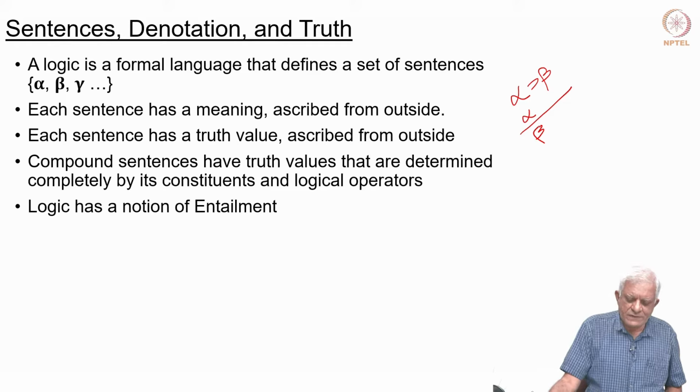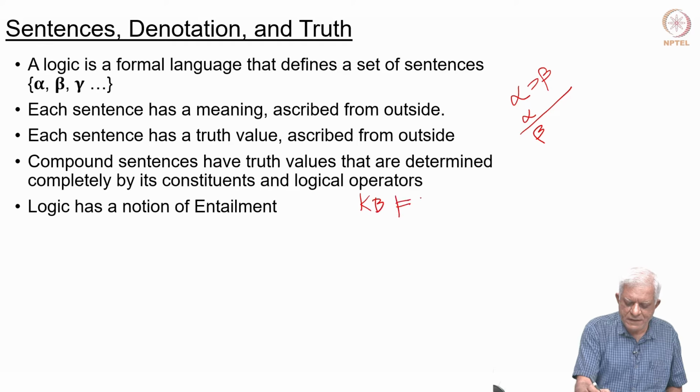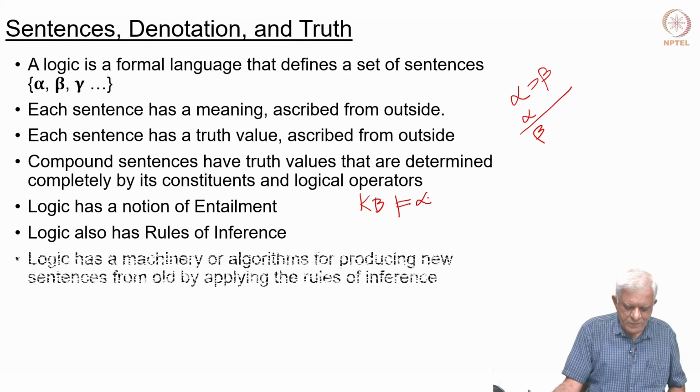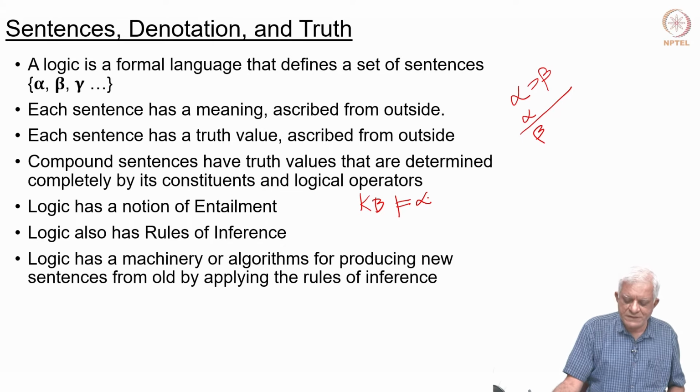So, we have the notion of entailment in logic. We say KB entails some formula alpha. We also have a notion of rule of inference and a notion of provability. We have a machinery of algorithms for producing new sentences from old by applying rules of inference, and if we can produce a proof, then we write this as KB proves alpha.